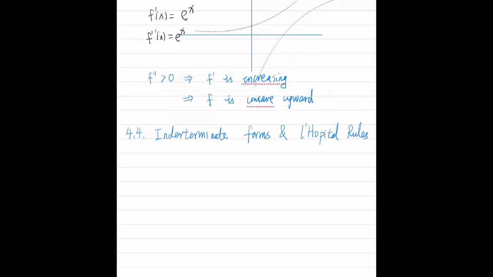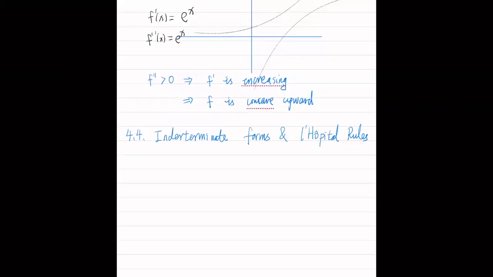Okay, now I'm going to check with you. Jen, have you seen this before? This L'Hopital? You haven't? And Sophia, what about you? I cannot see your face. Okay, maybe adjust your camera. I've heard of it.